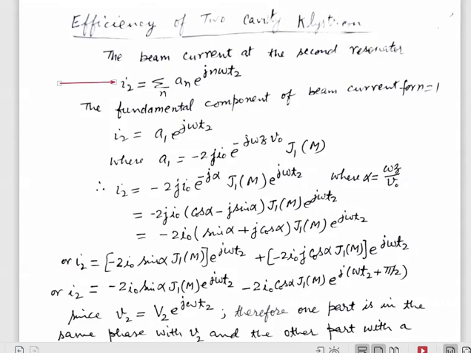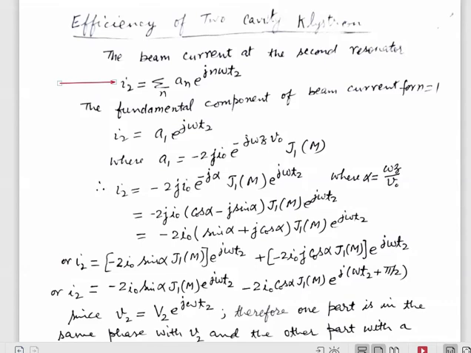Also, as we have already calculated, the amplitude of the wave corresponding to the fundamental component of the beam current is a1 equal to minus twice j I0 e raised to the power minus omega z by v0 into J1(m), where J1(m) is the Bessel function of first order of argument m, where m is the bunching parameter.